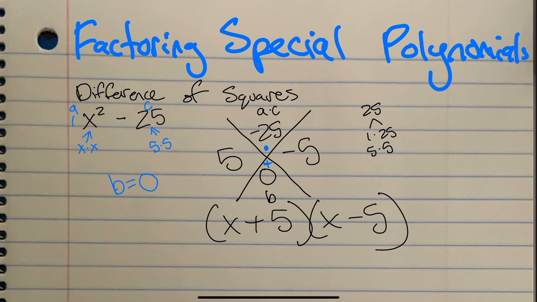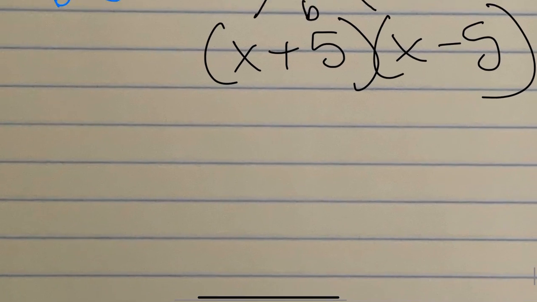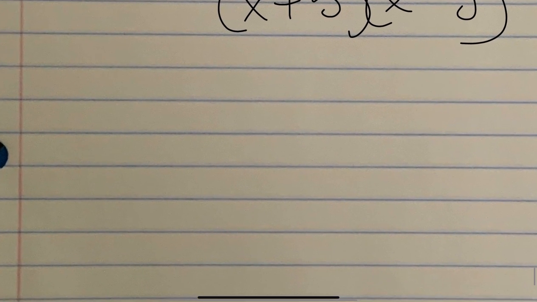Instead of having to go through the entire process of drawing our x and going through that, we could just do it this way. So to extra emphasize this, let's do another problem. Let's do x squared minus 49. Okay, so I know that x times x will give me x squared. I know 7 times 7 will be 49.